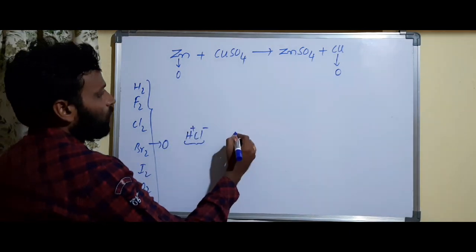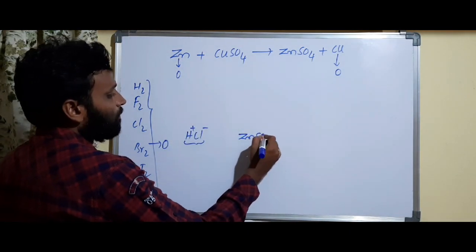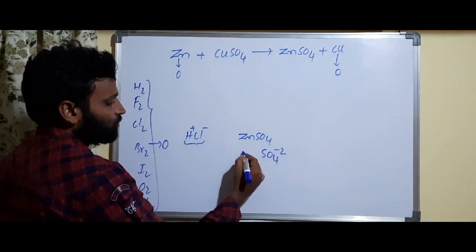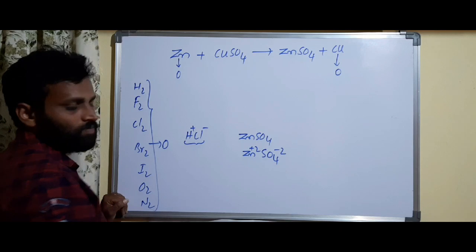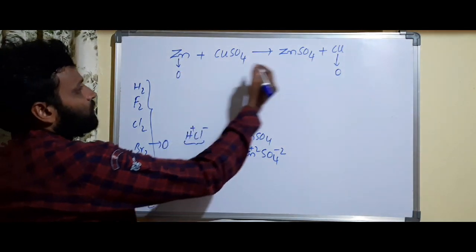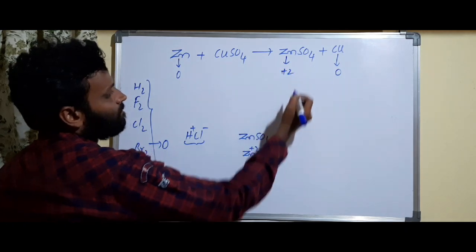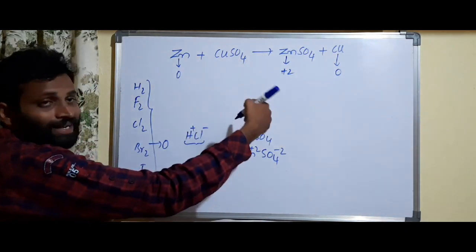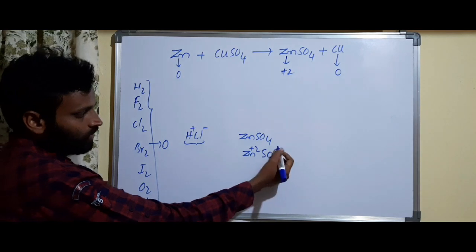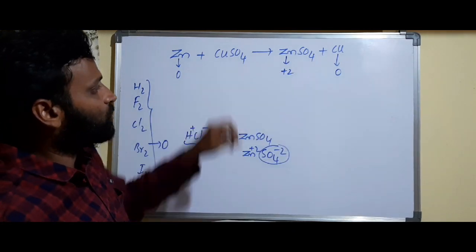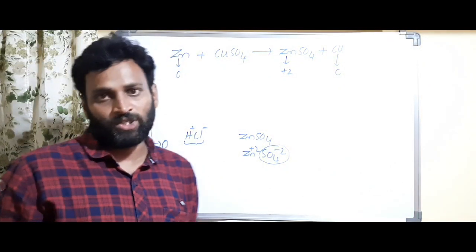Here zinc 0, but in ZnSO4 it is combined with somebody. Who is that? Sulfate, SO4 2-. So zinc is +2. So here zinc 0, but here zinc +2 charge. Because sulfate is -2, I told in previous. Here also I told sulfate is -2. Certainly zinc will have the opposite equal charge.